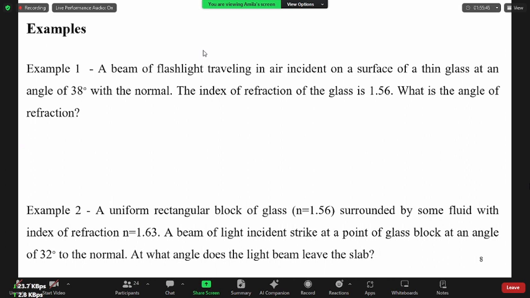Any answers? Hello? So if you are not actively participating, I have to stop the session. No one is answering the questions.